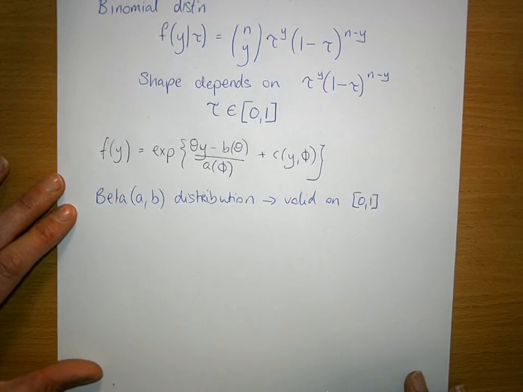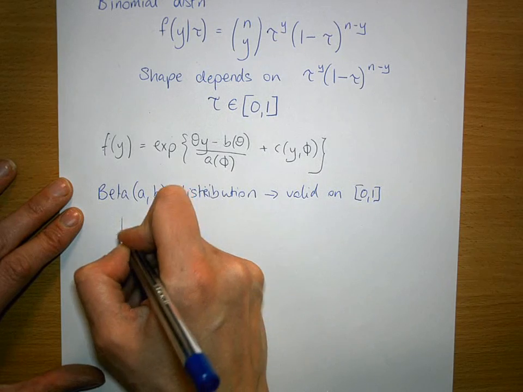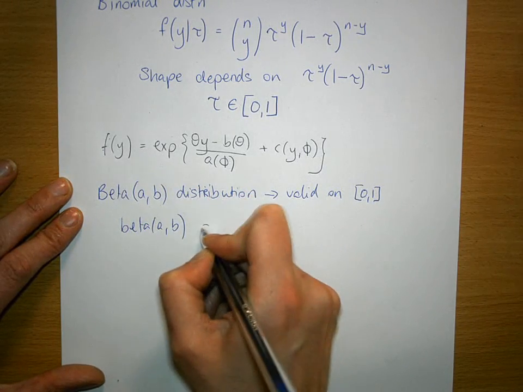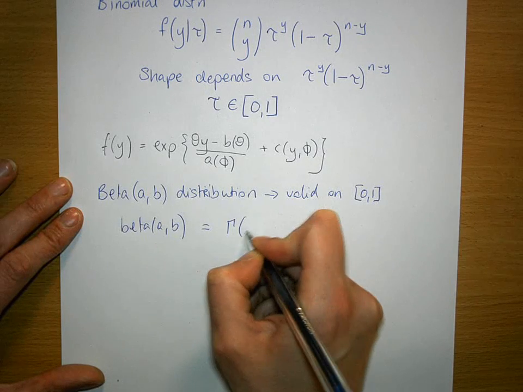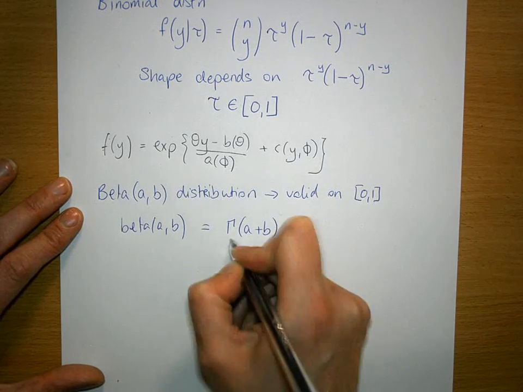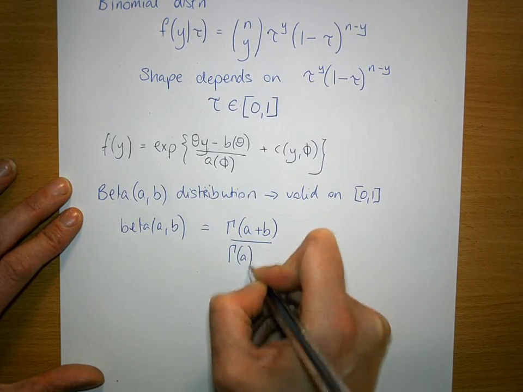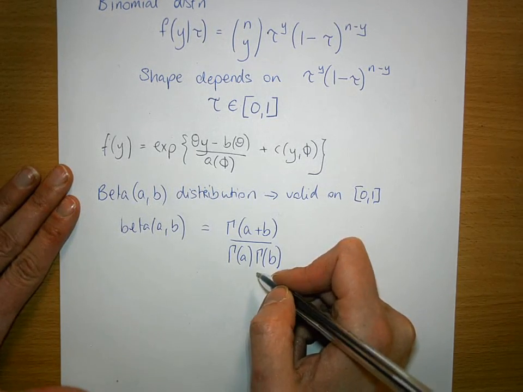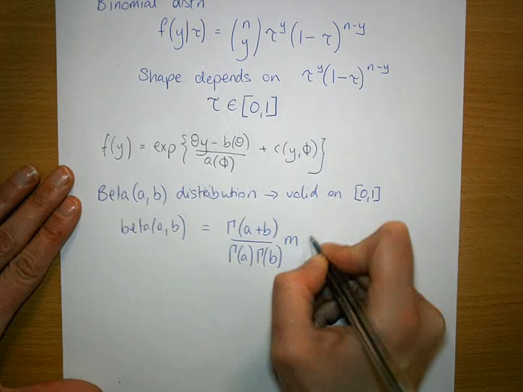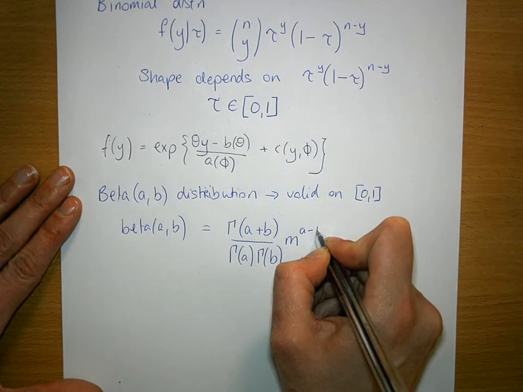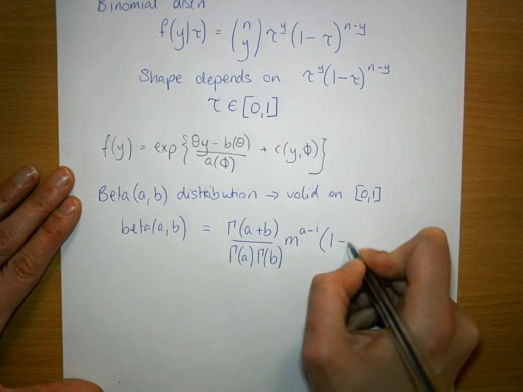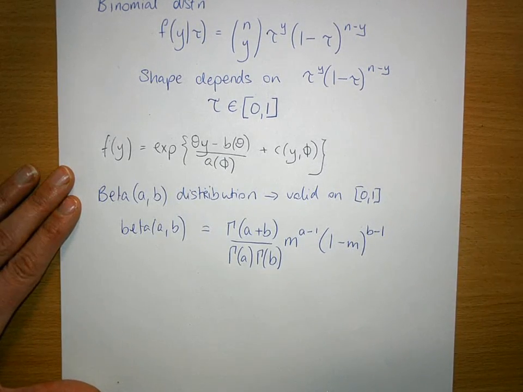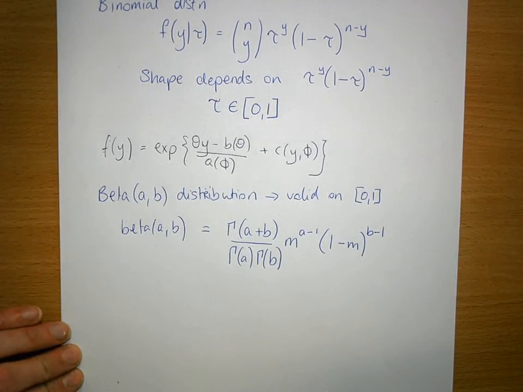So the form of the beta distribution is beta(a, b) equal to gamma(a plus b) over gamma(a) gamma(b), and as we chose the letter earlier, we'll stick to it, m to the a minus 1, 1 minus m to the b minus 1. That's the general form.